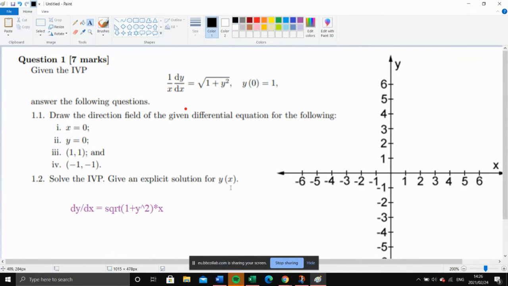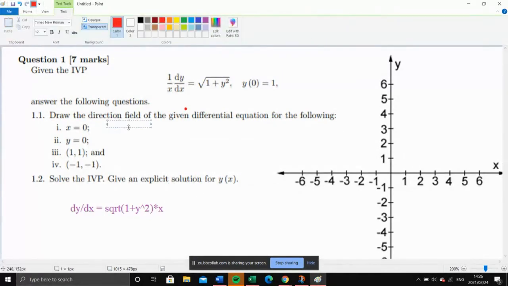All right, so this is the form that I want my differential equation to be in. And then I take my points and calculate the value of dy/dx.